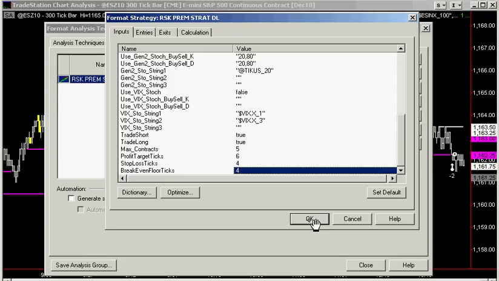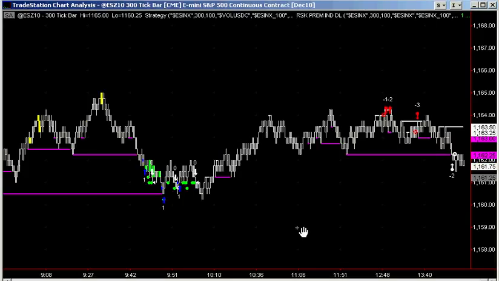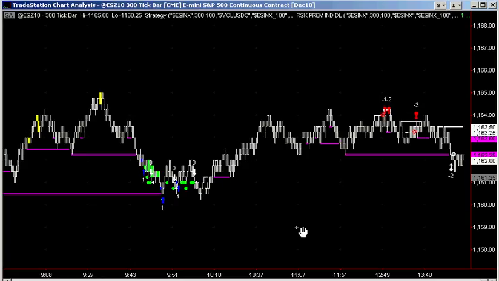The advantage of the strategy is that if you have a variety of slightly different settings that you want to monitor when you're taking a trade, you can do that with the strategy by just inserting a second strategy into the workspace.